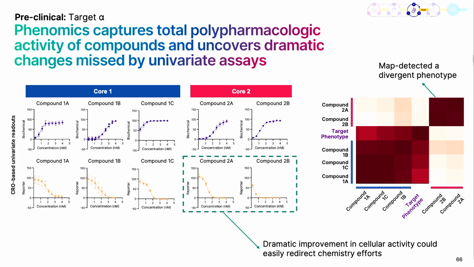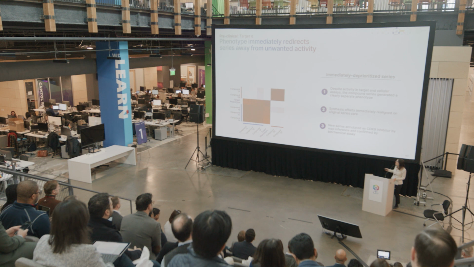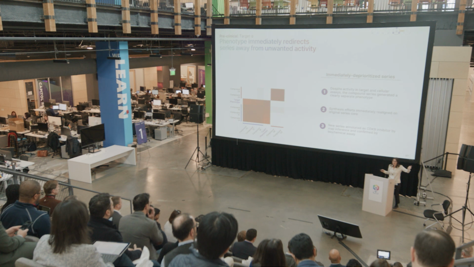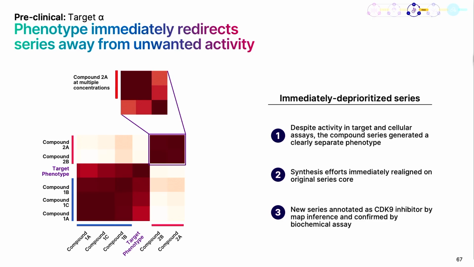And this is the true power of our map. We didn't have to run an experiment. All we did was we took these 2 new compounds, we searched them in our broad maps of biology and chemistry, and we said, is there a gene knockout that looks somewhat similar to this? And lo and behold, there was. And that gene was CDK9.